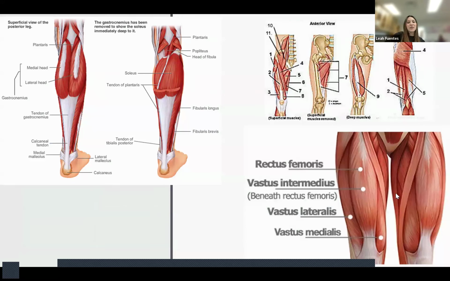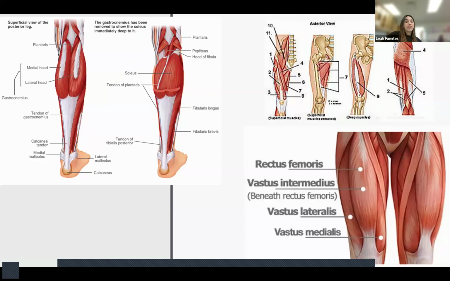4, good. So we have our rectus femoris, our vastus intermedius, which is beneath the rectus femoris, our vastus lateralis, and then our vastus medialis. These aren't too difficult as long as you know where your model is in its anatomical position.